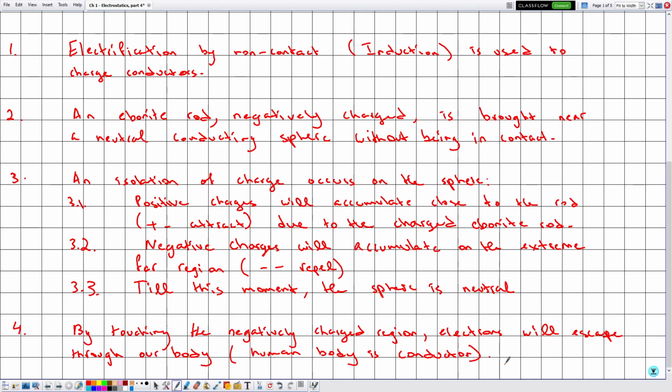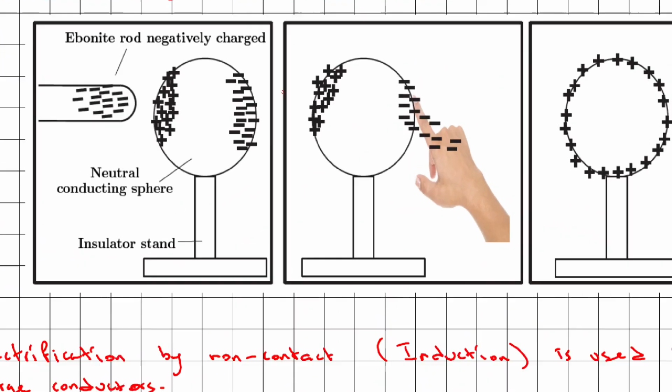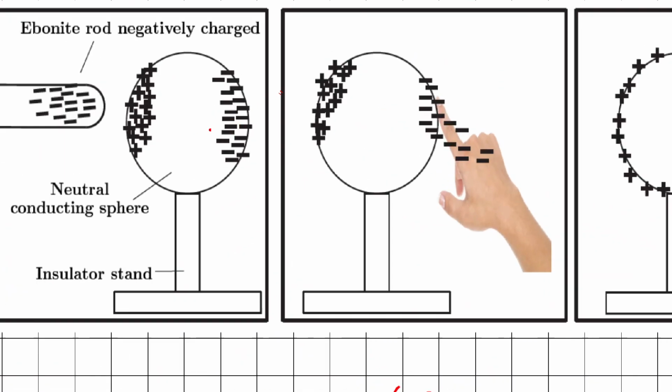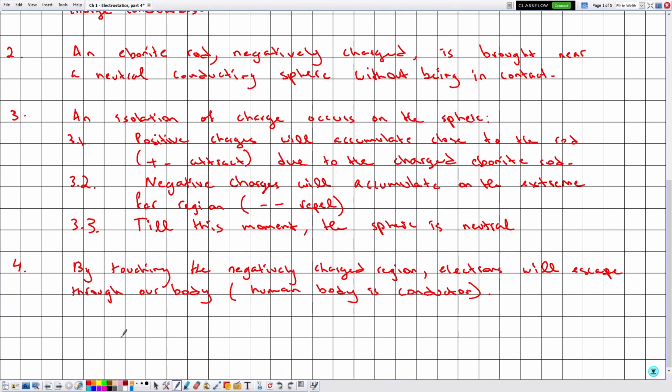Okay, and let me stress on the following fact. Here what I'm saying is that because these electrons are accumulated here, we can simply touch them and they're gonna escape, and this process is known as grounding.